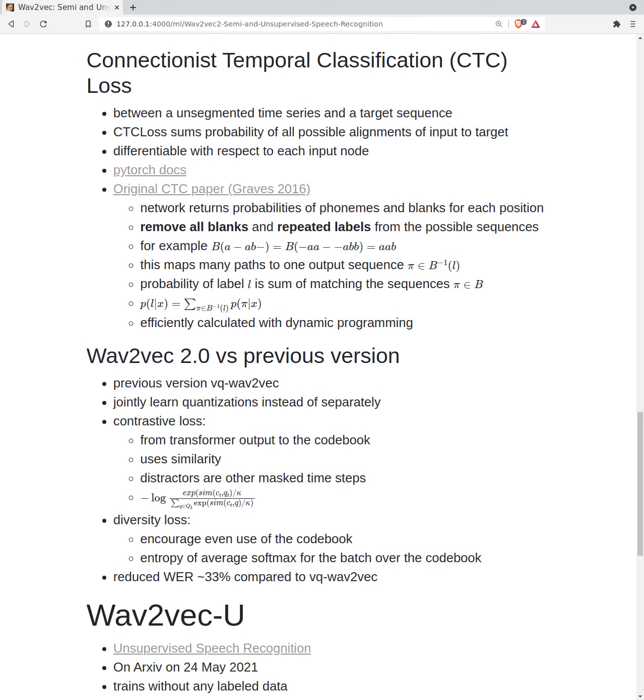That takes an unsegmented time series and a target sequence, and then calculates the loss. How does it do that? Well, it calculates the sum of all possible alignments between input and target, and it does it in a differentiable way. How exactly does it work? Here's a link to the paper.